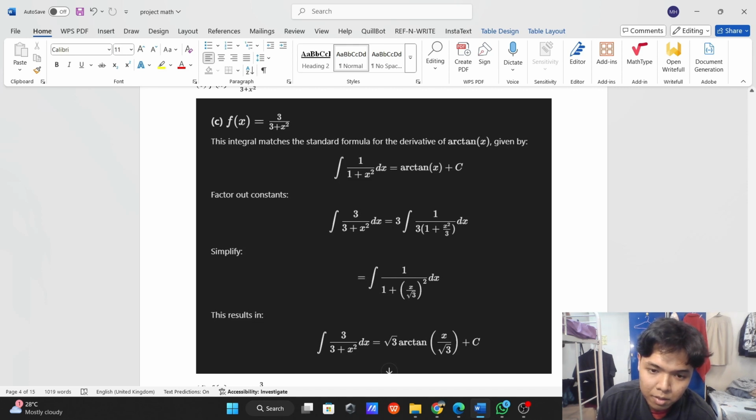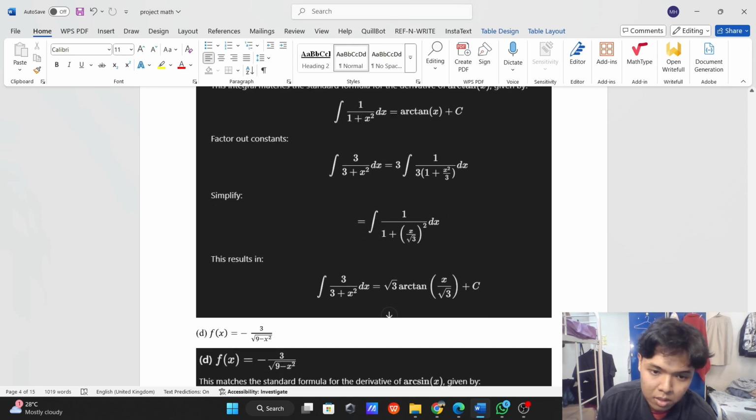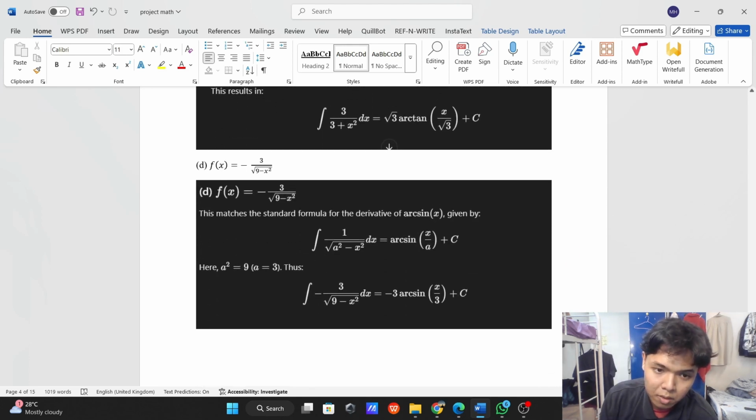And then we simplify it, and then we will get the integral of 1 over 1 plus bracket x over root 3 bracket squared dx. And then this will result in the answer of root 3 arctan x over root 3 plus c. On to the next question.